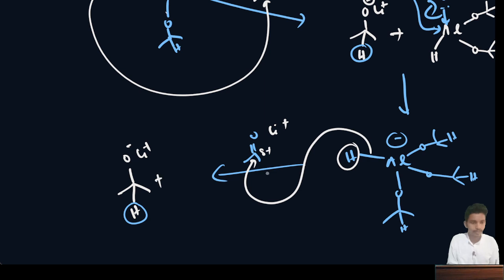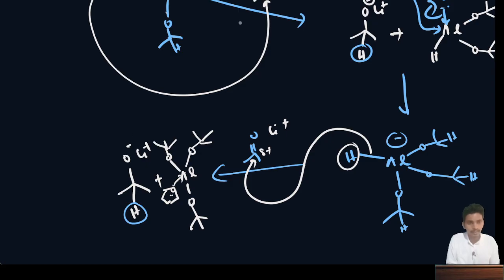Again this went, so only 3 bonds are there. Again this is an electron deficient group, and it is fulfilled by the solvent.